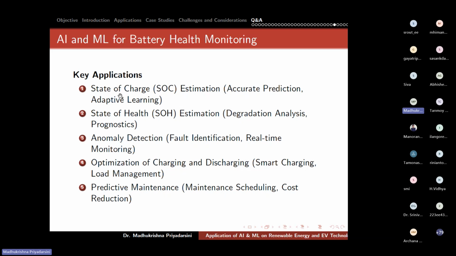The first is state of charge estimation: till what time the battery charge is there, and after what time there will be no charge. If you are using an EV, you know for 20 or 25 kilometers it is going fine, and after that you need to recharge it.